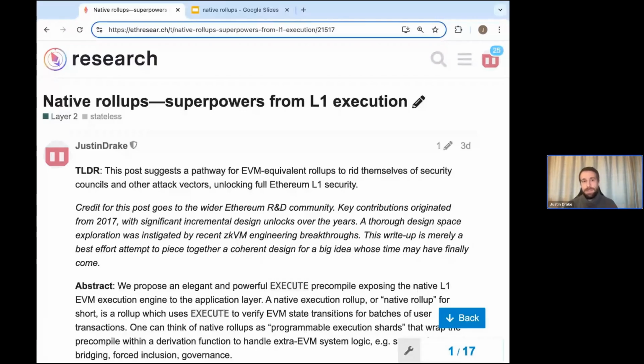And so really what this proposal is here is to make it as simple as possible to deploy an EVM equivalent rollup and to have the exact same security, because when you build this complex infrastructure, you are introducing attack vectors. So for example, if you're building a SNARK circuit to emulate the EVM, more likely than not, you're going to have bugs.